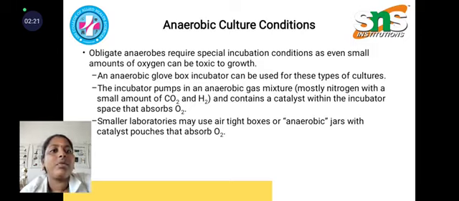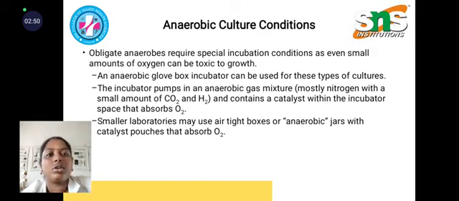The incubator pumps in an anaerobic gas mixture, mostly nitrogen with a small amount of carbon dioxide and hydrogen, and it contains a catalyst within the incubator space that absorbs the oxygen. Smaller laboratories may use airtight boxes or anaerobic jars with catalytic pouches that absorb oxygen.